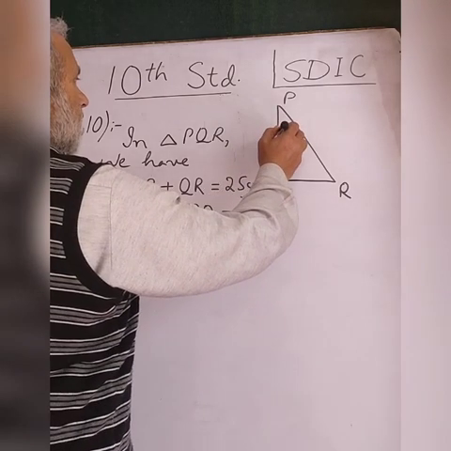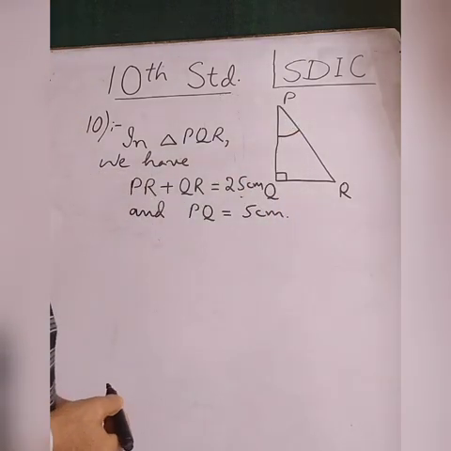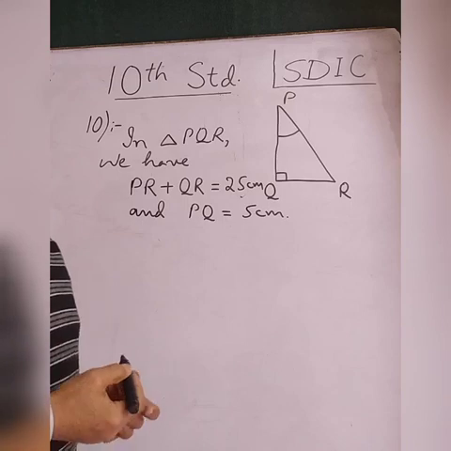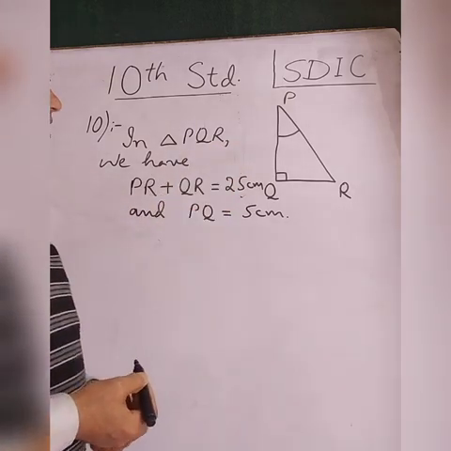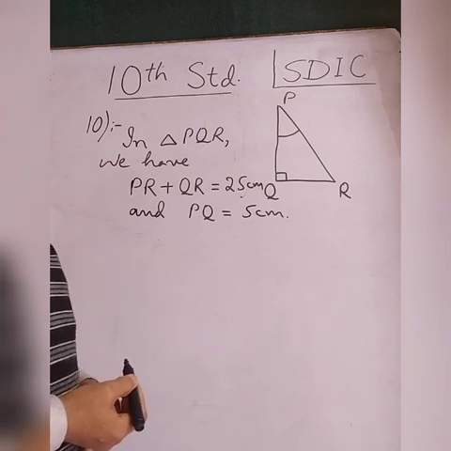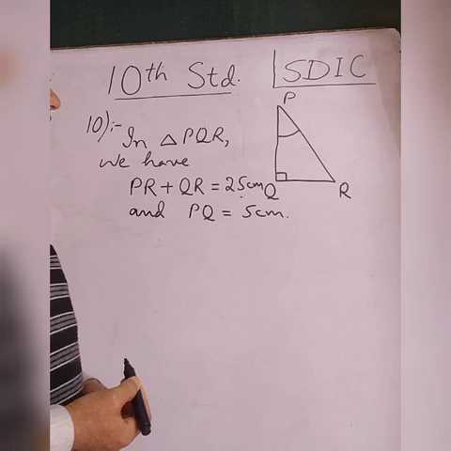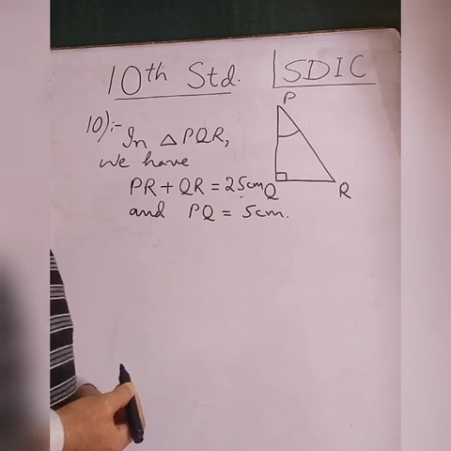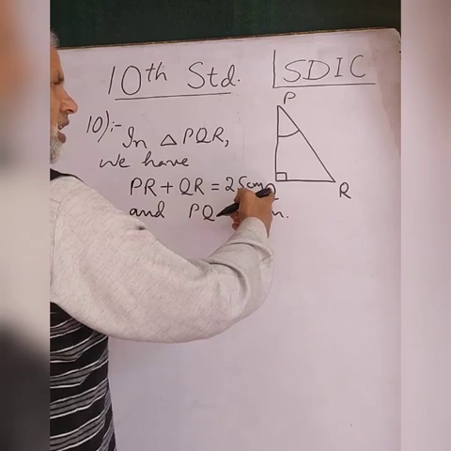We have to use P as the acute angle here. Sine P, P is the acute angle. Cos P, P is the acute angle. Tan P, P is the acute angle. So we'll decide with respect to this P first, which side we'll call as base and perpendicular. Hypotenuse, of course, does not depend on the acute angle. It is the side opposite to the right angle. You can identify Q is the vertex containing the right angle.